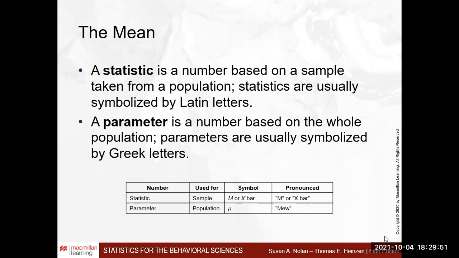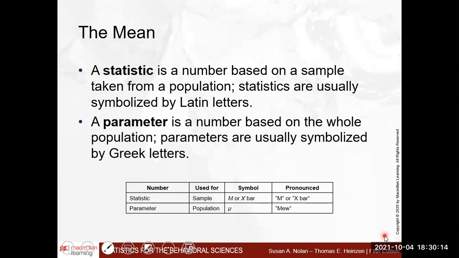Okay, so a statistic is a number based on a sample taken from a population, whereas a parameter is a number that is based on an entire population. Makes a difference in terms of your research question, right? If you are studying a large population, you rather use these Greek parameters.